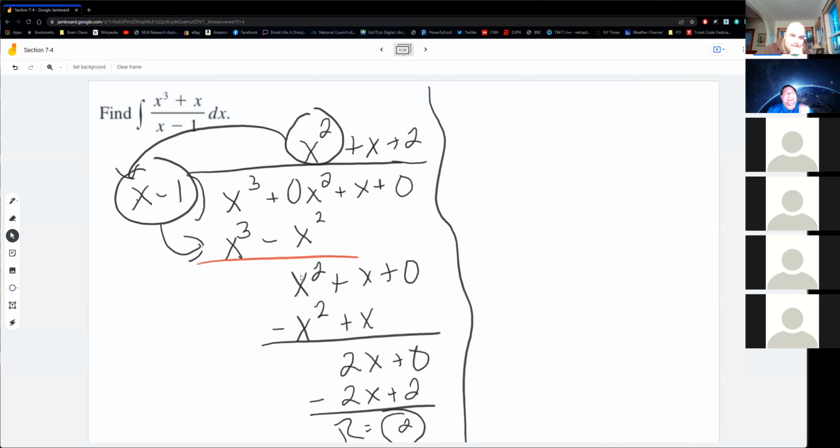Kind of. All right, now let's actually look at this in terms of an integral. So I'm going to rewrite my integral. The top part's going to go first, and then the remainder part is the last part. So it's 2 over x minus 1 dx.